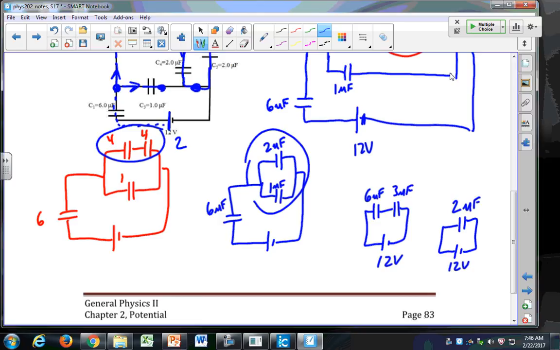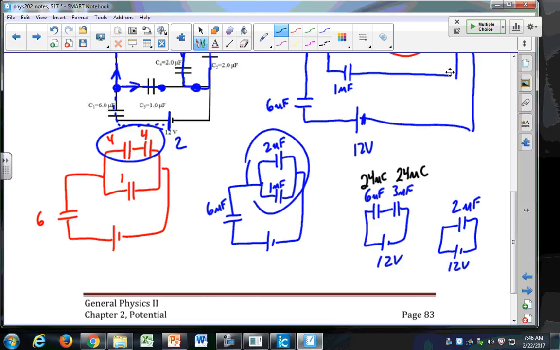So that means I have 24 microcoulombs here and 24 microcoulombs here, because capacitors in series have the same charge. Remember, it's an induced charge that's set up, and they distribute that entire charge throughout the entire series of capacitors.